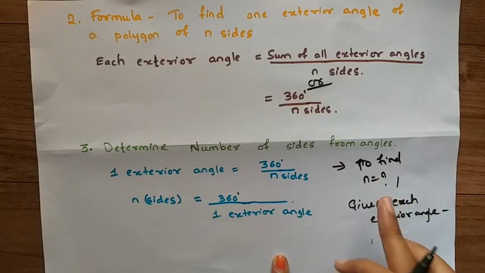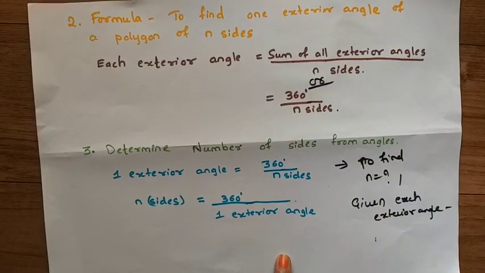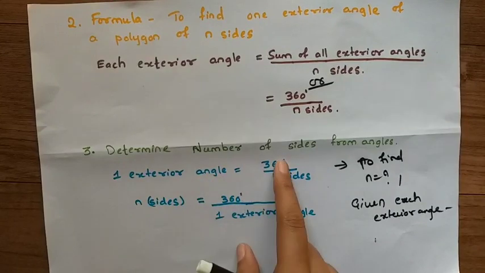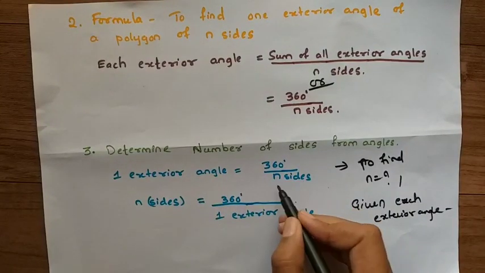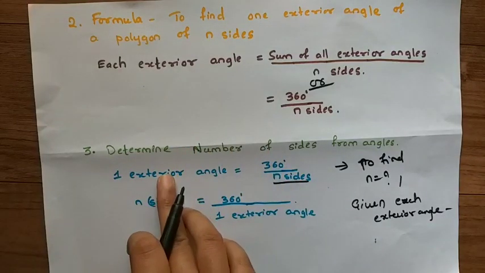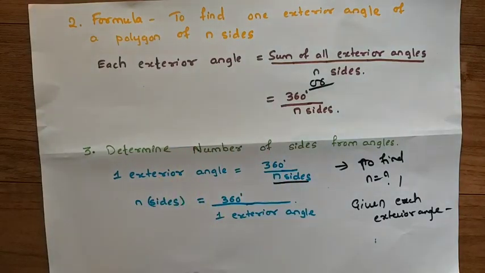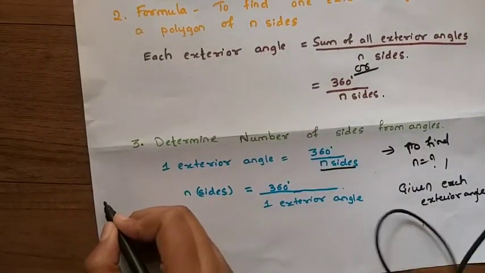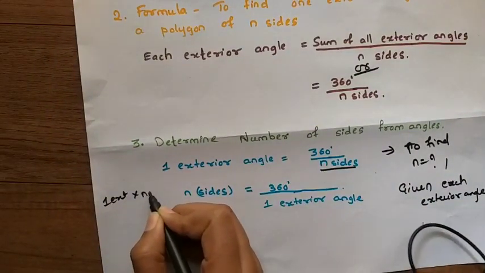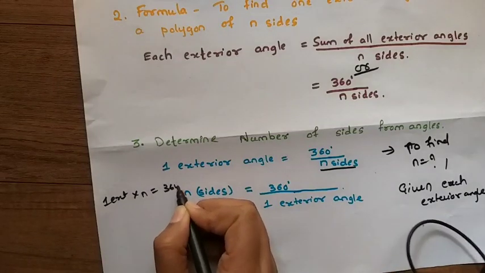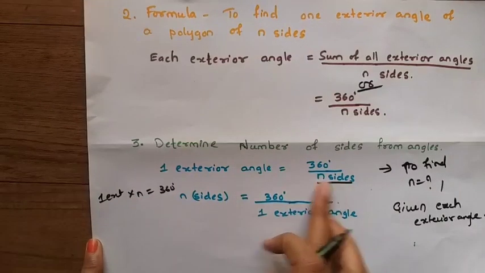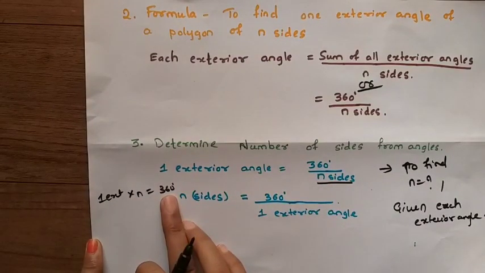The previous formula is: one exterior angle is equal to 360 degrees divided by n. Here we have to find the n sides, so take n to the left hand side. It becomes each exterior angle times n sides is equal to 360 degrees.